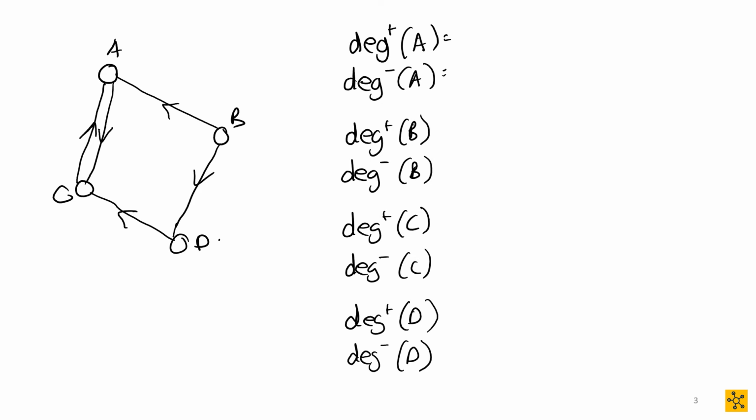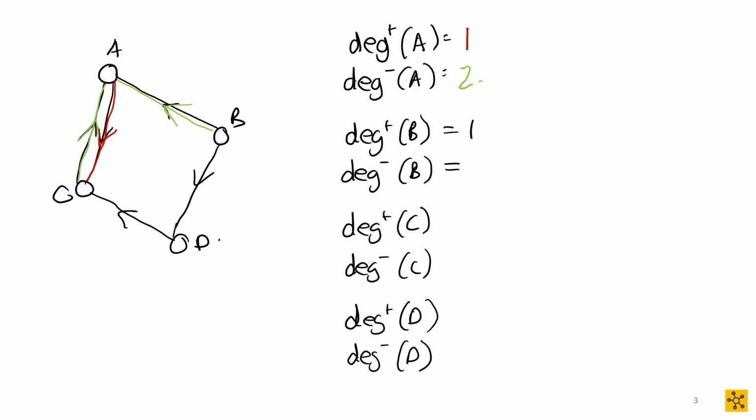If we look at A, do we have any arcs radiating out? We have this one over here, so that's 1. How many arcs are radiating in? We have this one here, and this one here, so it's 2. Then we look at B. The arcs radiating out of B are 1.